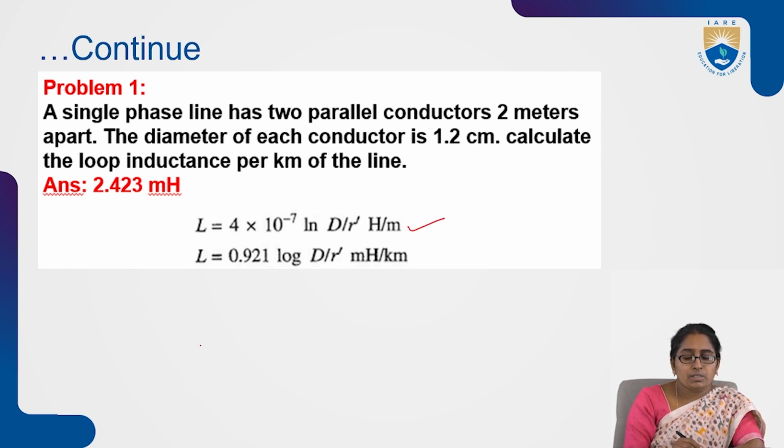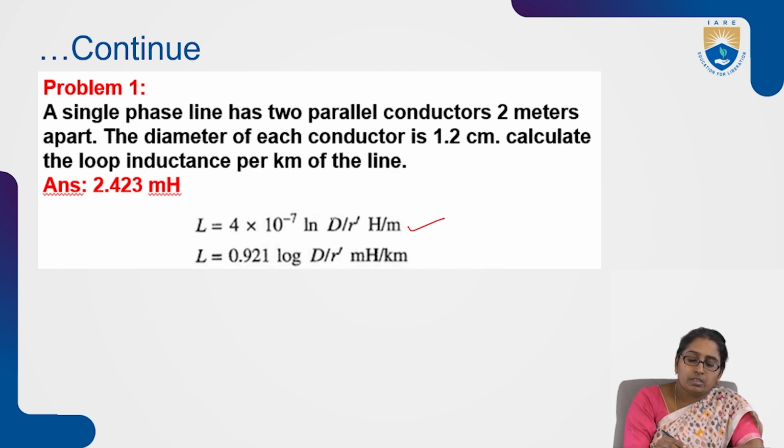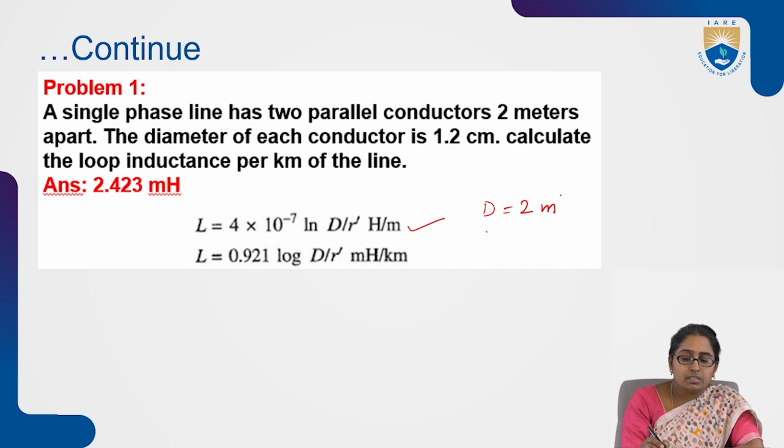This is the expression: 4 into 10 power minus 7 log base e capital D by R dash, where D is the separation distance. So given capital D is 2 meters. Then what is the radius of the conductor?